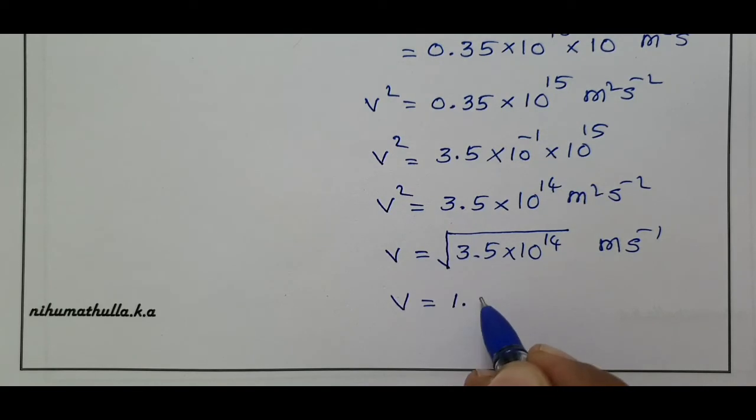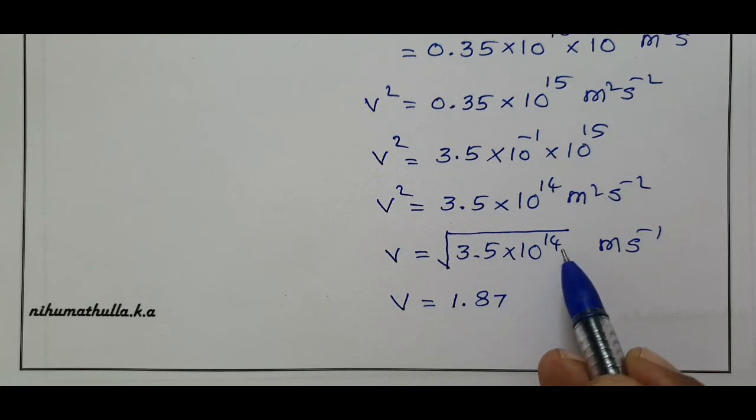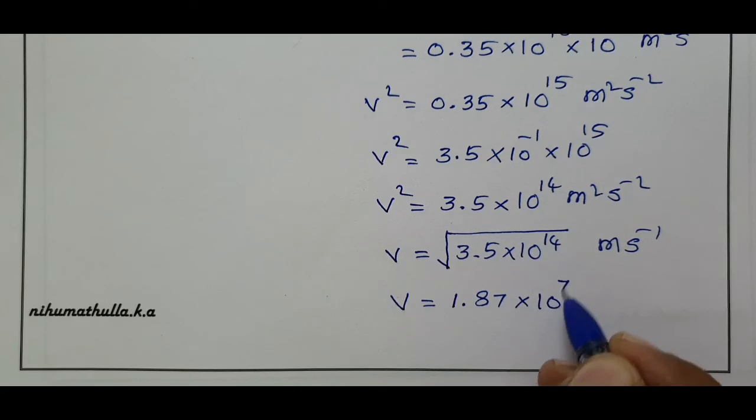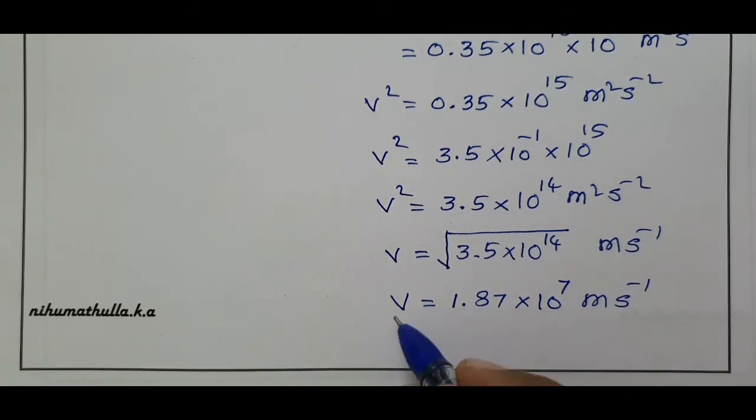It is 1.87. The root of a power of 10 is half of the power. 10 power 14 means 10 power half value, 7. Meter second power minus 1. So velocity equals 1.87 into 10 power 7 meter second power minus 1.